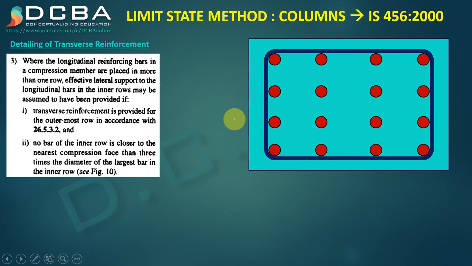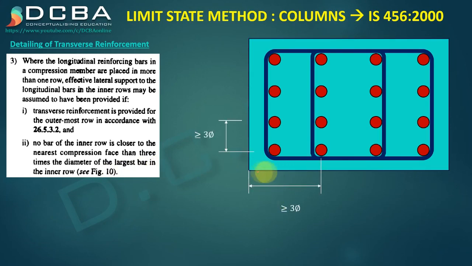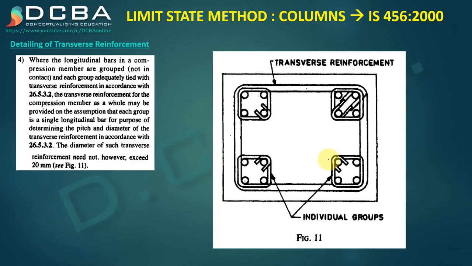that is one condition. And second condition is no bar of the inner row is closer to the nearest compression face than 3 times the diameter of the largest bar. So these inner bars, what we are talking about, they should be greater than 3 times the diameter. Only then the transverse reinforcement can be provided only in one direction.